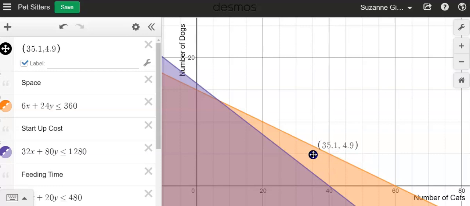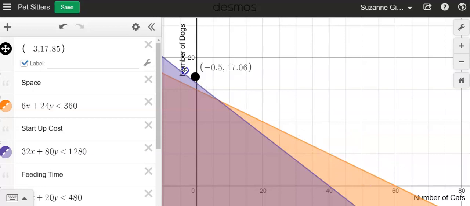If I stop on a point, it's about 35 cats and about 5 dogs. That would meet the requirements for the space, but it's not meeting the requirements for the startup costs. It's too expensive.